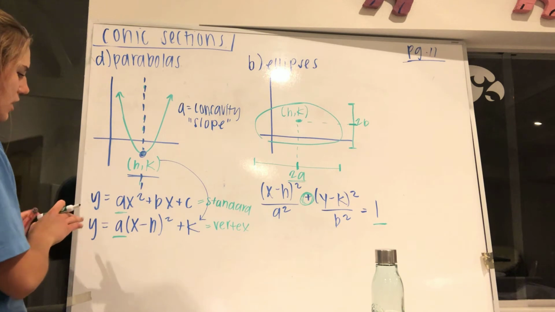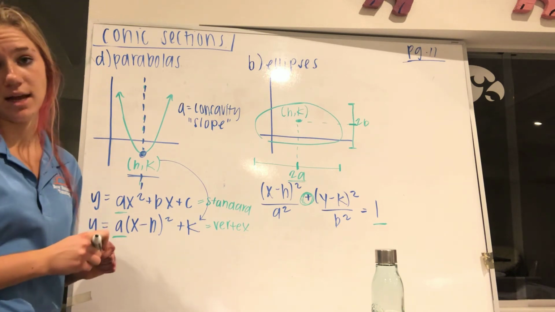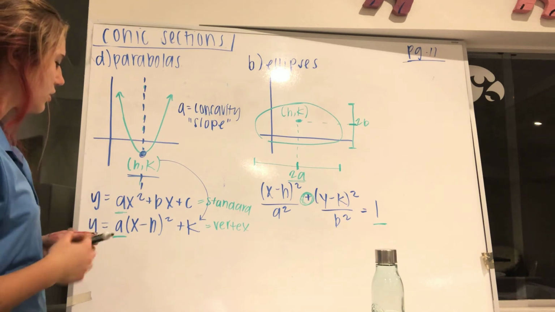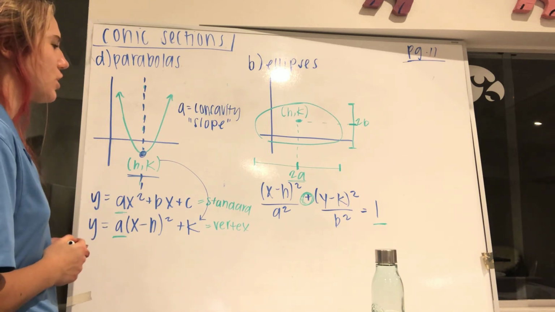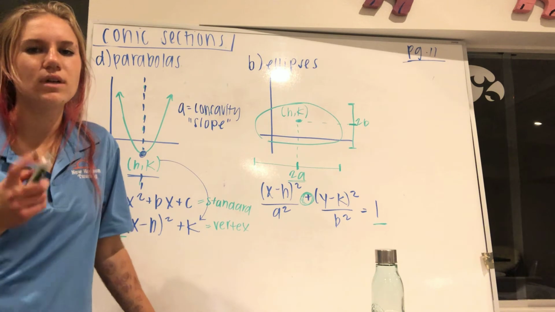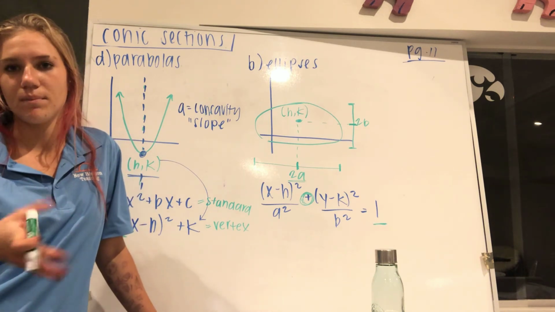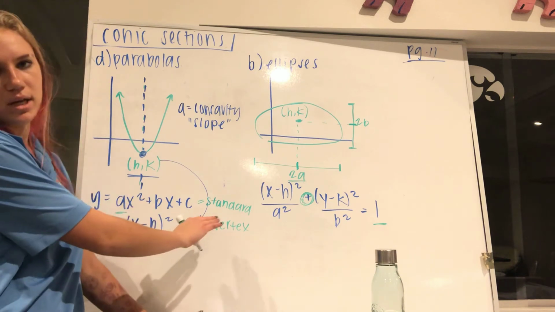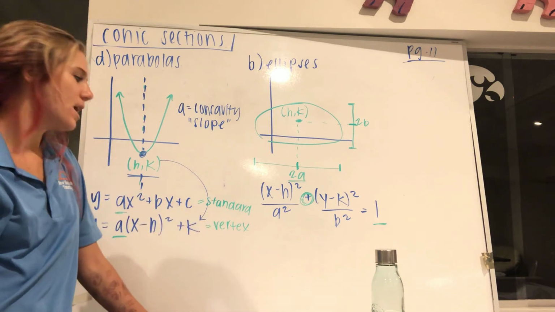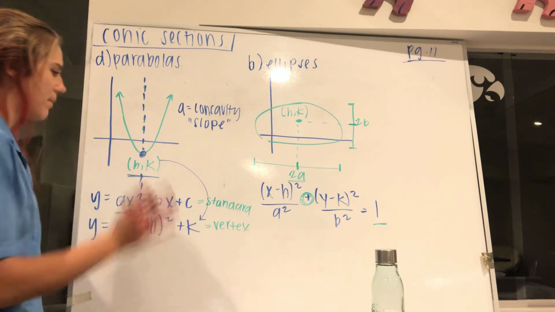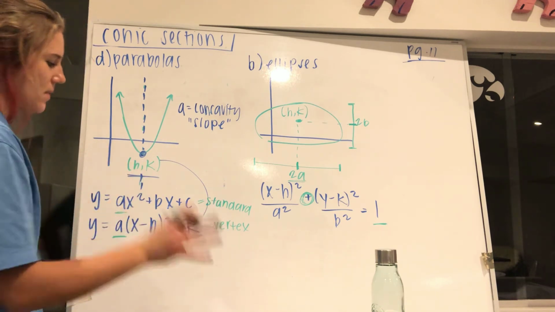The first, which you're probably more familiar with, is standard form. Standard form you typically deal with when you're trying to find the roots of a parabola and you're not really dealing with the graph. It's more algebraic, right? Because we can factor that pretty easily, hopefully at least. Super useful skill to have. So that's typically when we use standard form.